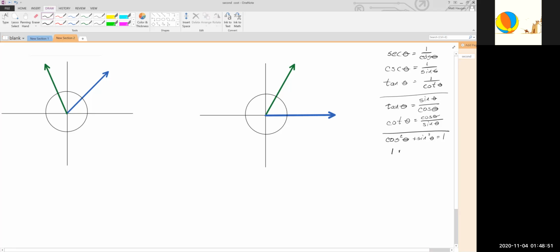We've got 1 plus tangent squared theta equaling secant squared theta, just by manipulating that primary Pythagorean identity, cotangent squared theta plus 1 equaling cosecant squared theta with a different manipulation, or any other manipulation of those that we want.